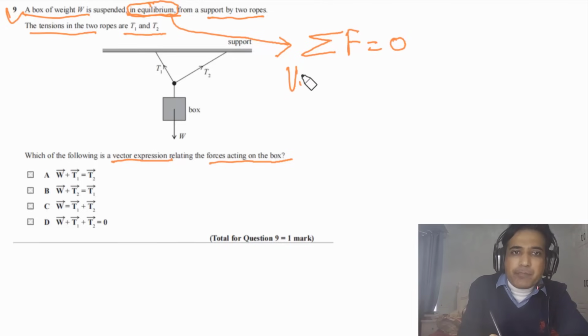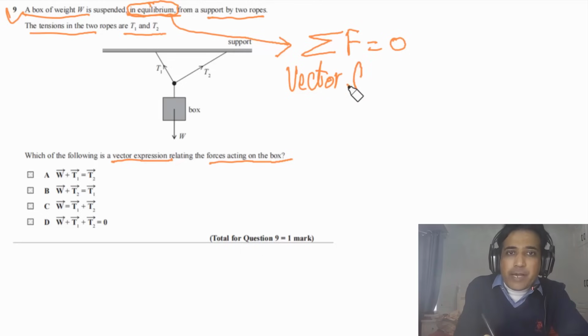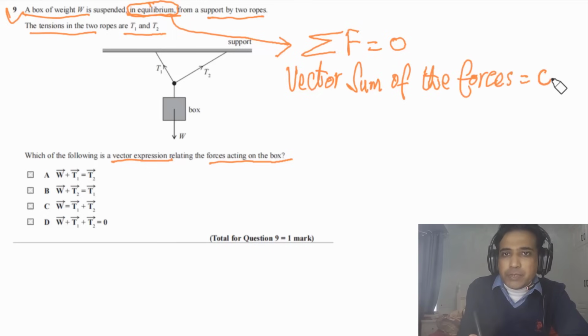Vector sum. So simply we can say, if an object is in equilibrium, the vector sum of the forces acting on the object has to be equal to 0.